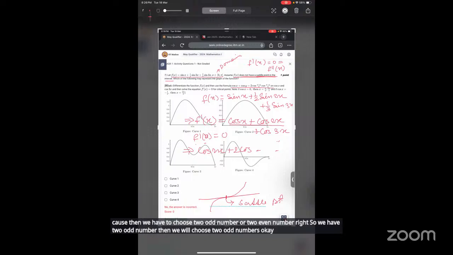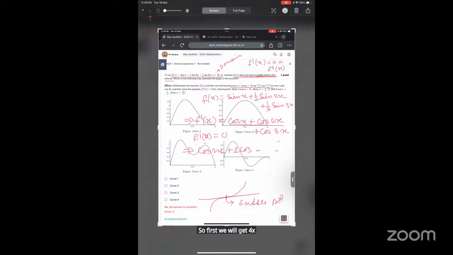So first we get 4x by 2, that means 2x, and then cos x equals 0. Then we can take cos 2x as common, and we will get cos 2x times (1 plus 2 cos x). So it will imply either cos 2x equals 0 or 1 plus 2 cos x equals 0.